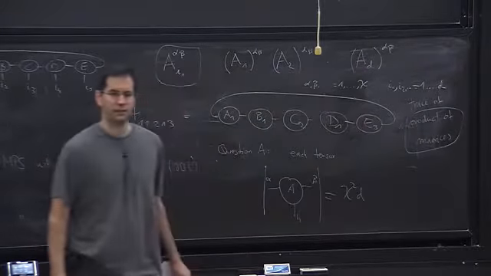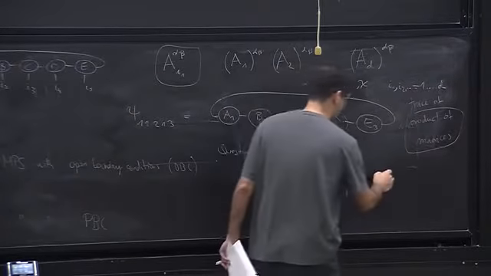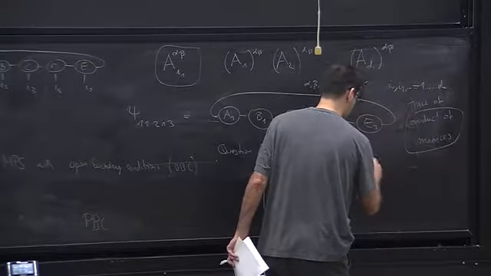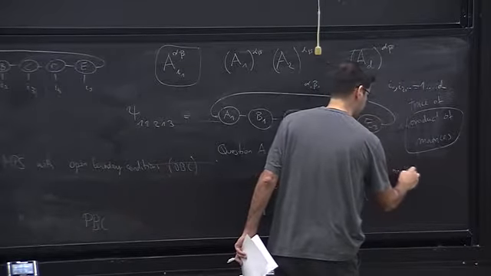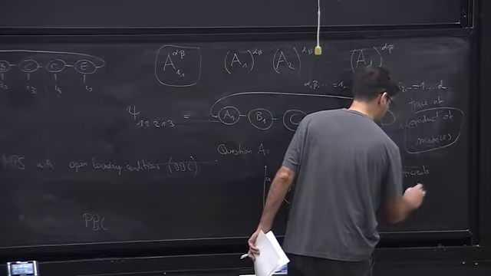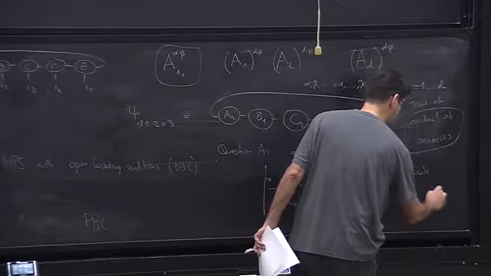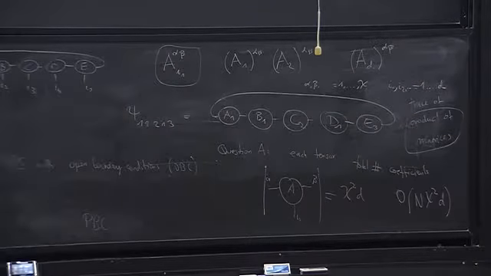And how many such tensors do we have? Okay, so the total number of coefficients is of order n chi squared d. Okay? So there we have our efficient representation.